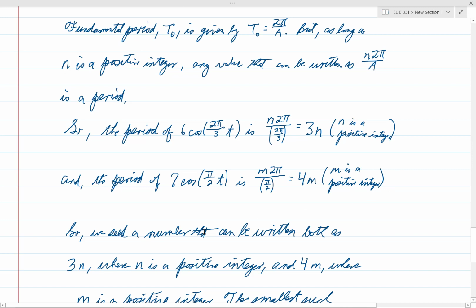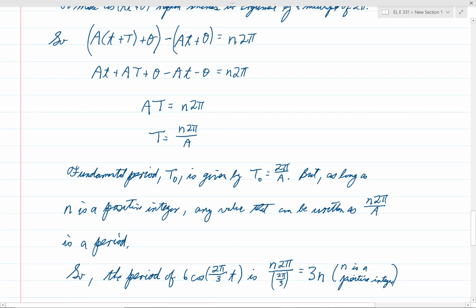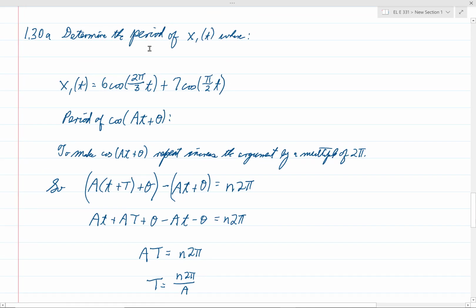So we want to find out the period of the overall function. Here's the overall function. And the way that we're going to tackle this is to say, well, if we can find some values such that both of these terms individually repeat, then we know that their sum will also repeat.